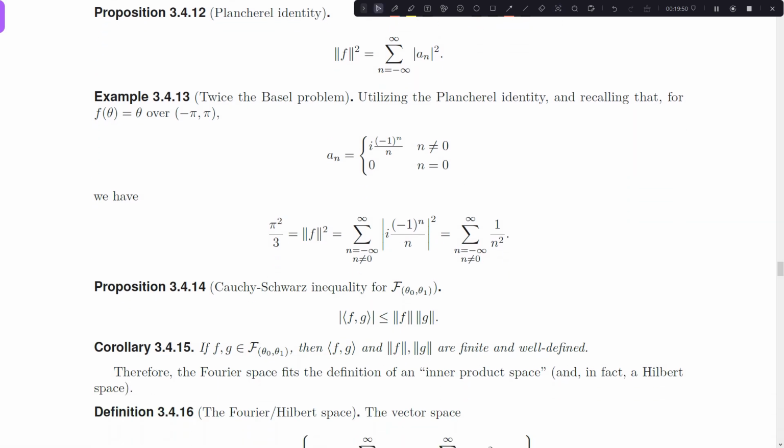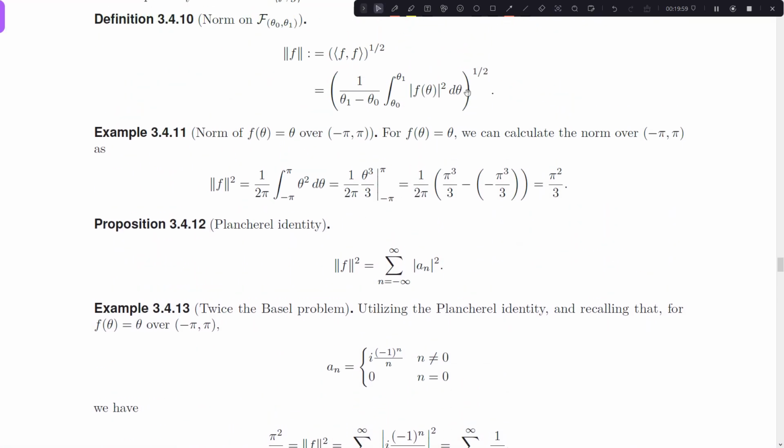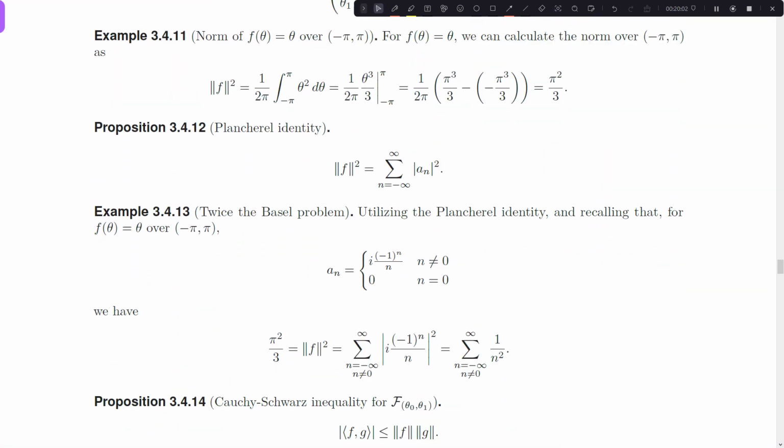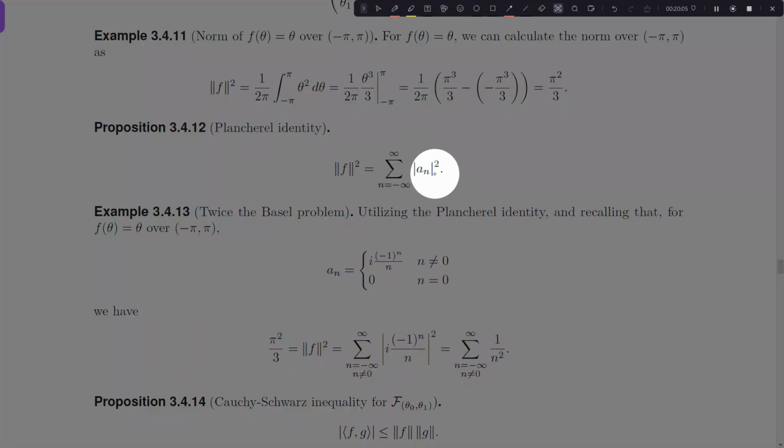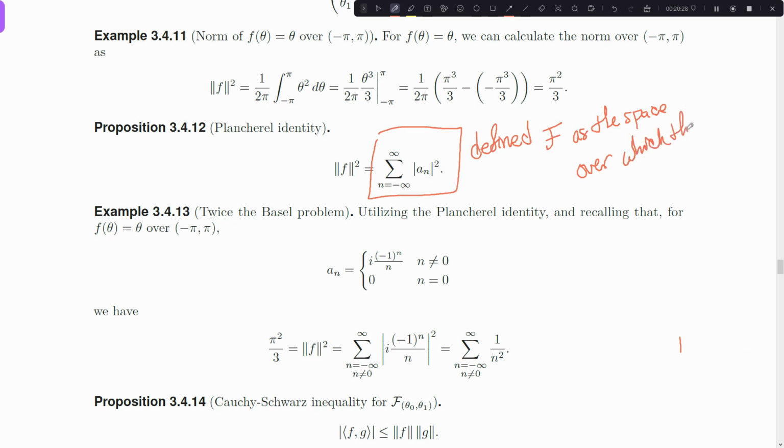We're moving on to seeing why inner products necessarily exist over the Fourier space. If I jump up here to the Plancherel identity, you'll recall I defined the Fourier space as the space over which this was finite.